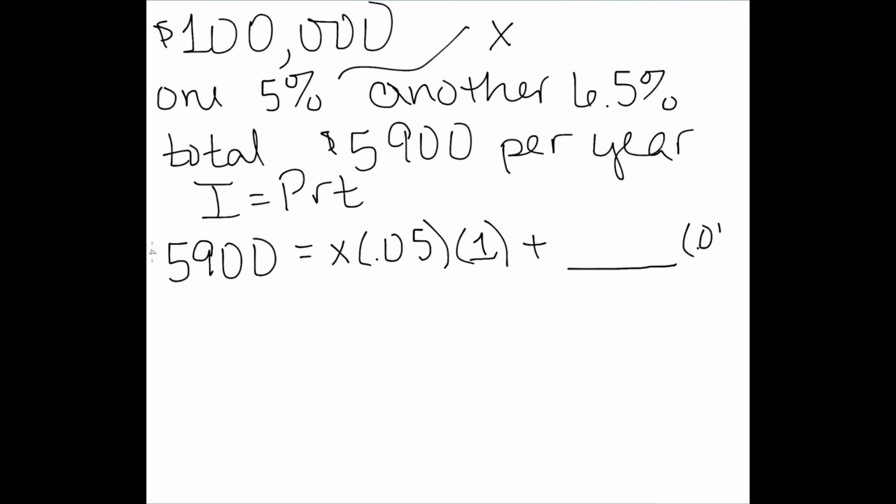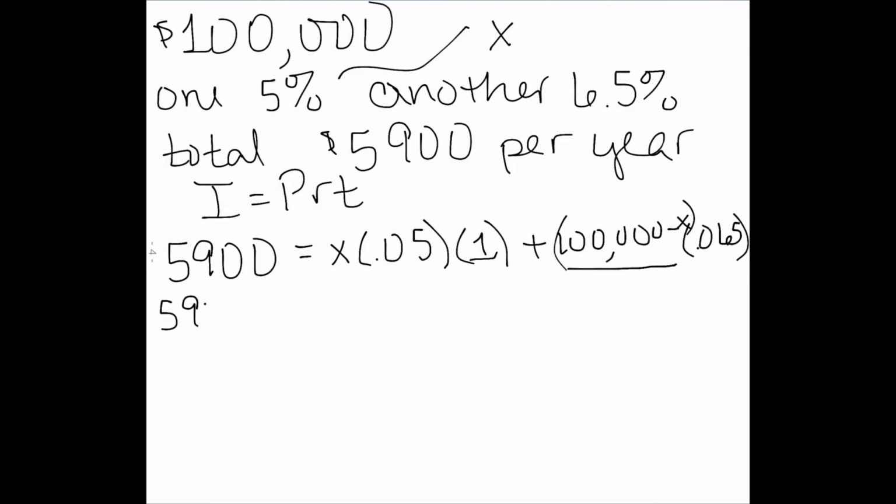The rate is 0.065, and then once again times 1 year. We don't want to give this another letter because we don't really know how to deal with two variables, but we do know that it was the rest of the money. So if I take all the money and subtract out how much I invested in the first account, I should get how much I invested in the second account.